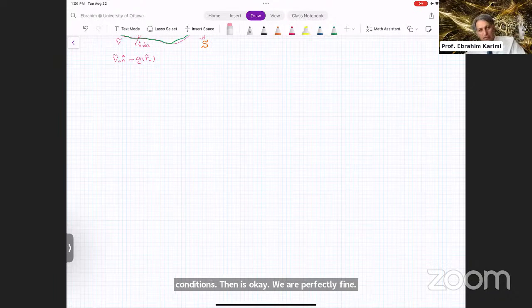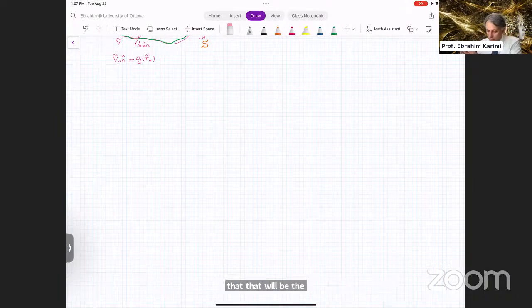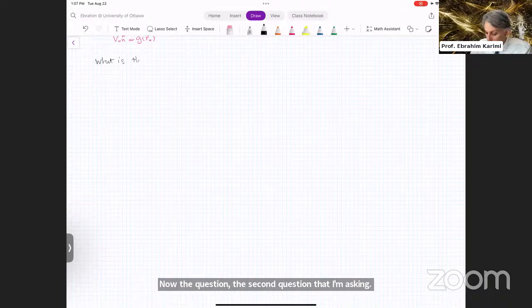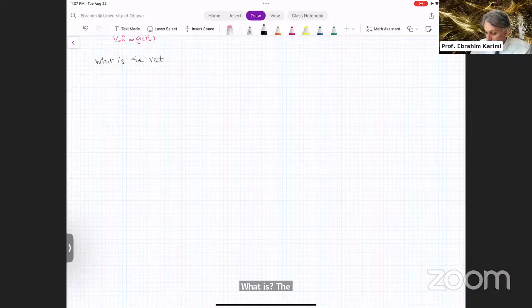Now the second part is important. We know that the function will be uniquely defined, but what is the value? The second question that I'm asking, remember, is a follow-up of the previous example: what is the vector V?